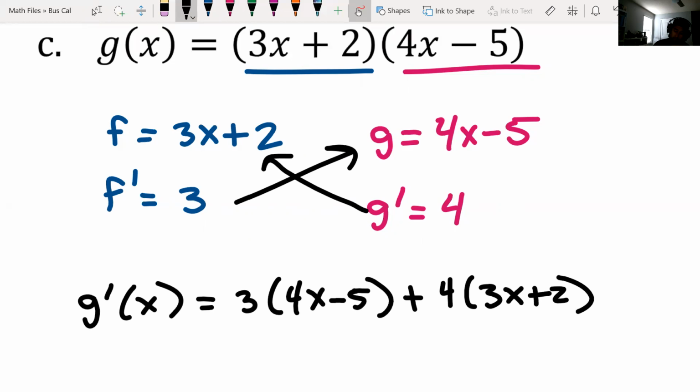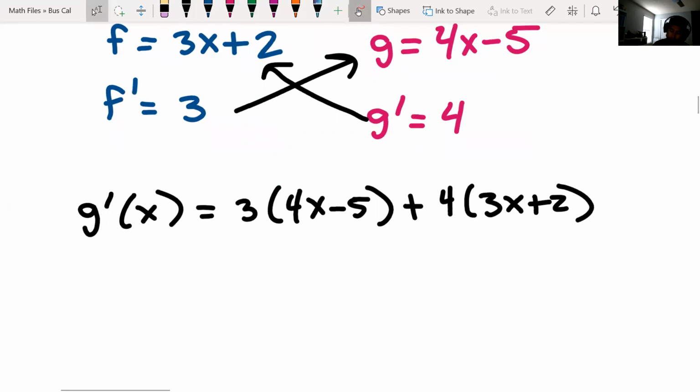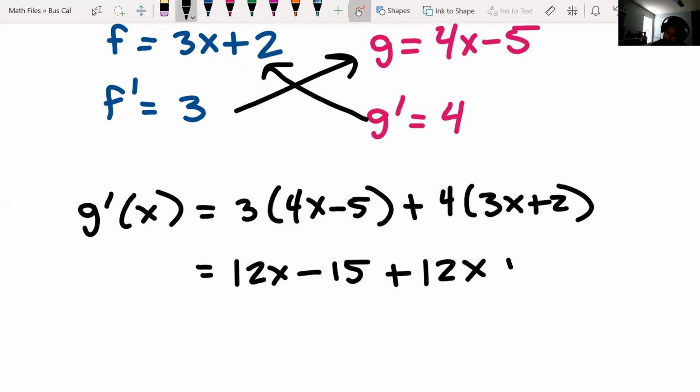Calculus is done. Product rule is done. Algebra from here: 12x minus 15 plus 12x plus 8. So distribute the 3, distribute the 4: 12x, 15, 12x, and 8.